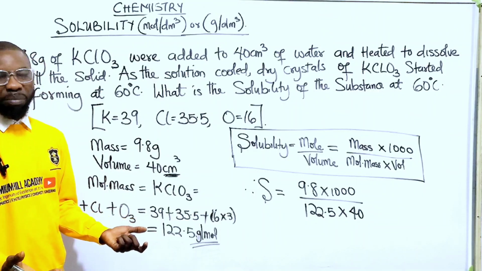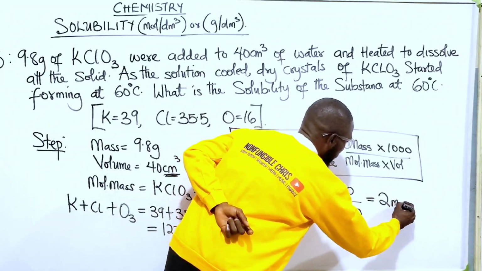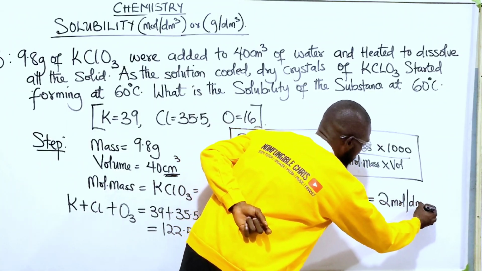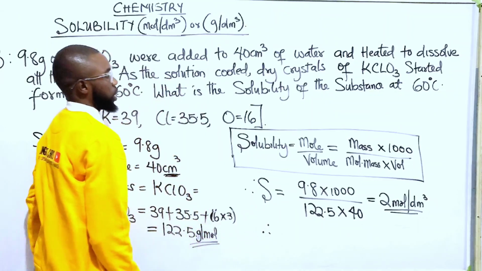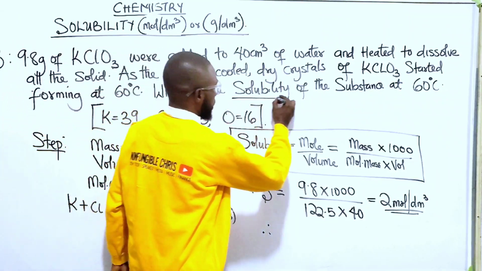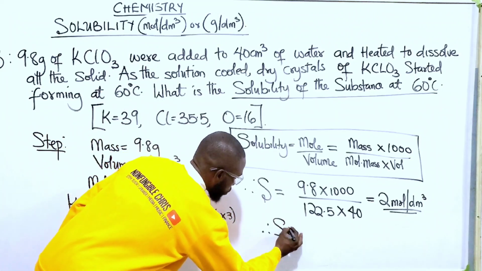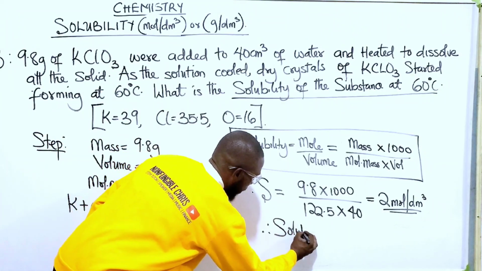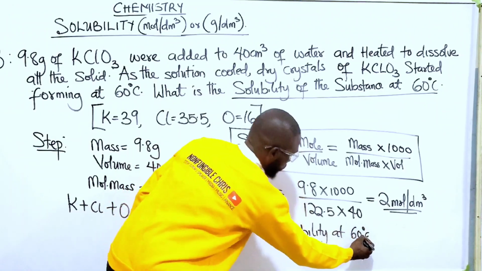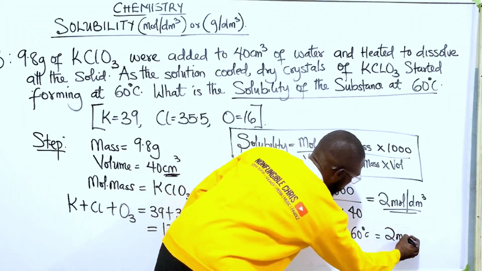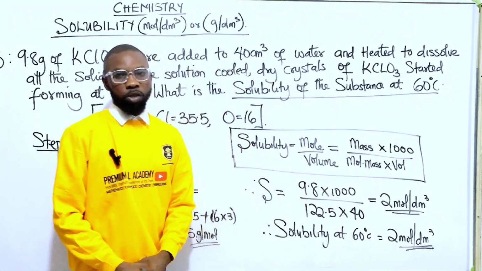I wouldn't want to waste our time, but if you do this with your calculator, I believe we are going to end at 2 moles per dm cube. Very simple. Therefore, the solubility at 60 degrees Celsius is 2 moles per dm cube. That becomes the answer to the question on the board.